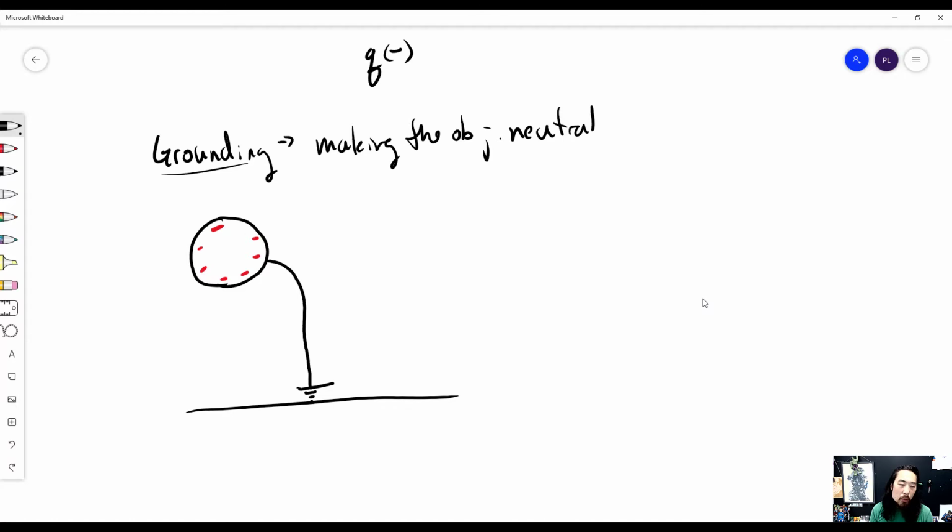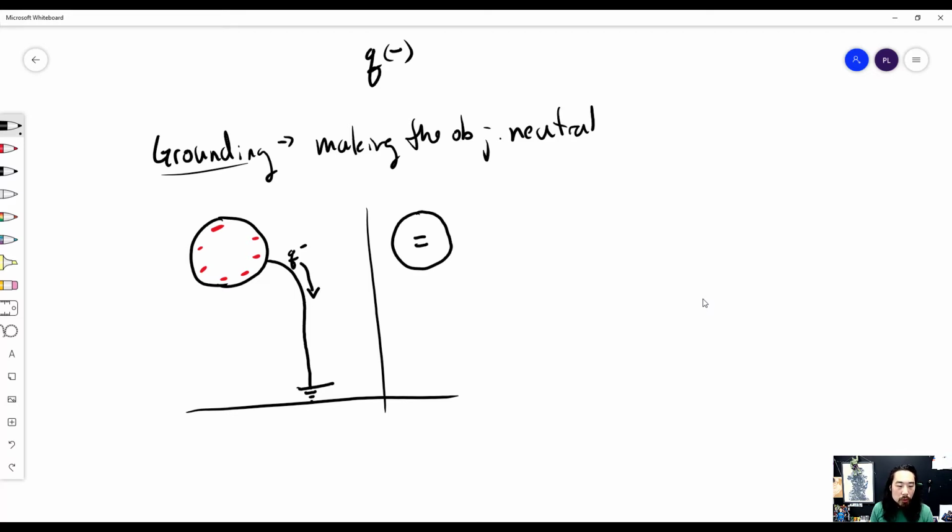And what I want to do is show the flow of charge. Remember, only negative charges can move. So here we have an excess amount of negative charges. So we can draw that the negative charges will go into the ground. And so what happens after this is that overall the object becomes neutral.